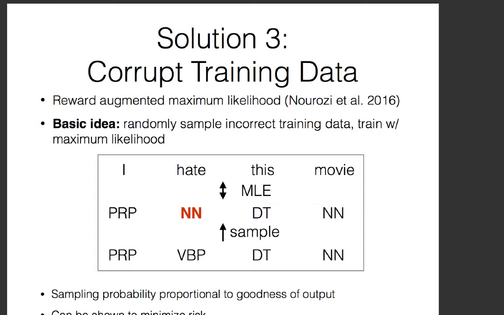So the good thing here is that because you're not even running your model to sample these mistakes, you can sample these mistakes extremely efficiently.